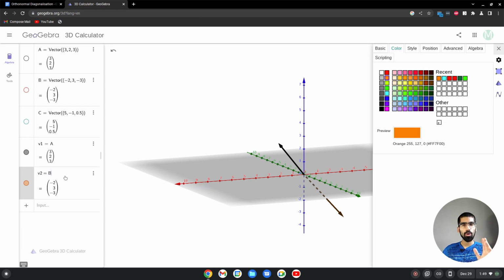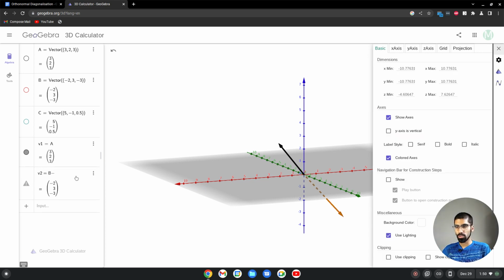What if we took away all components of B that went in the same direction as V1? Well, if we did that, then it's kind of like, okay, we have V1 going this way. We want to see which part of B also goes that same way. That's kind of like we're checking, is there some projection of B onto V1? And if so, can we get rid of that? Can we get rid of that component? So let's just do that.